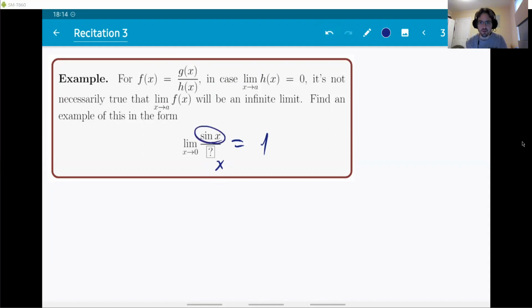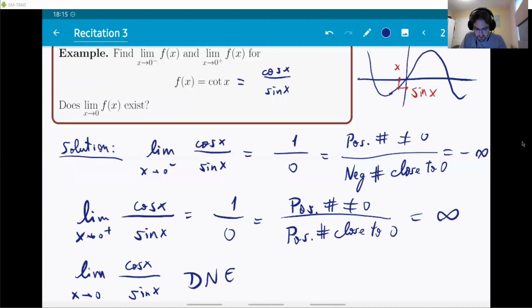And when you have 0 over 0, you don't necessarily have an infinity. Your limit could be anything, or even it might not exist. So just because you see a 0 downstairs doesn't mean you have an infinite limit. Going back to the previous example, you also need to analyze what happens in the numerator. If that is not going to 0, then yes, you're going to have an infinite limit.